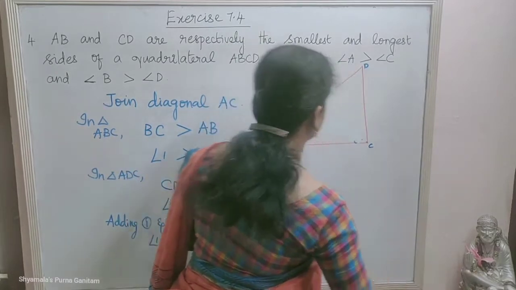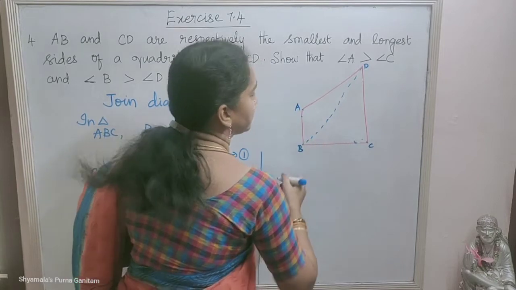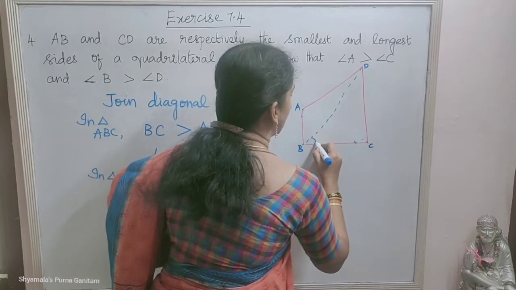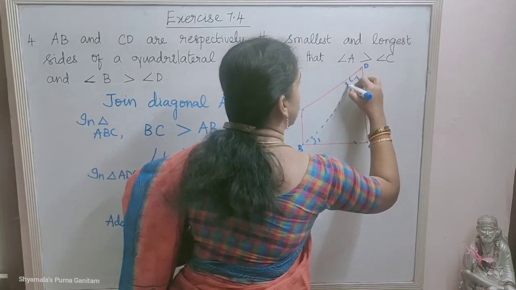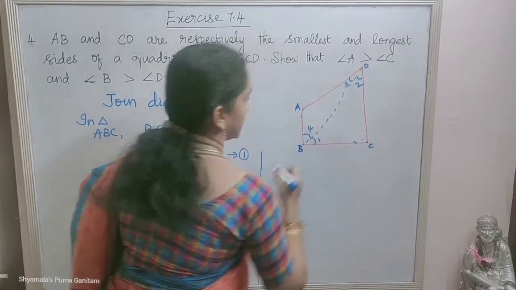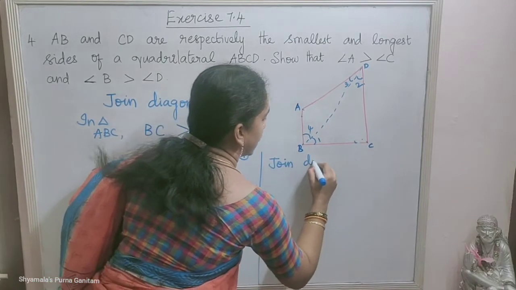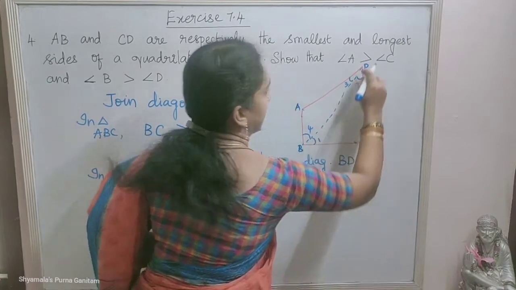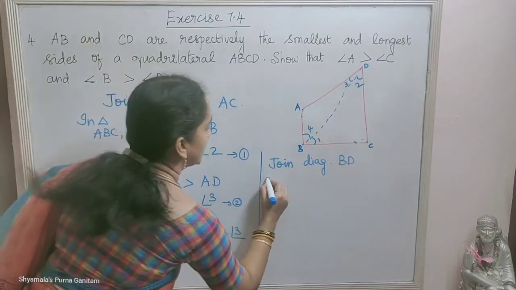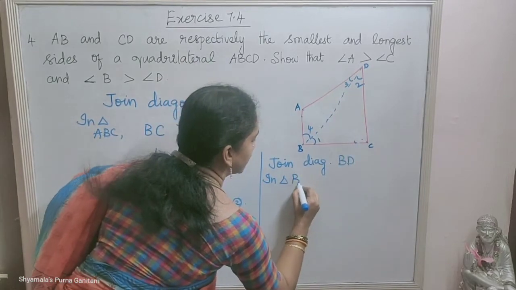The same procedure has to be followed. Join diagonal BD, so I will get angles 1, 2, 3 and 4.